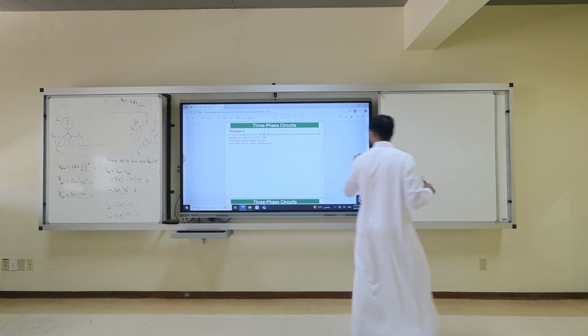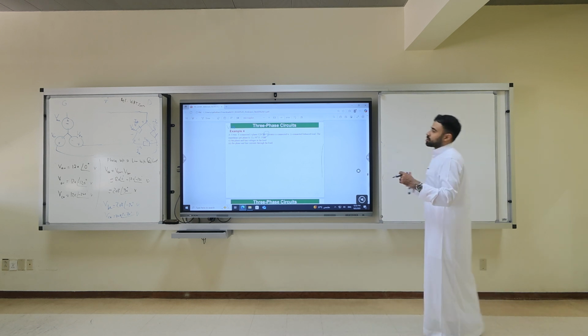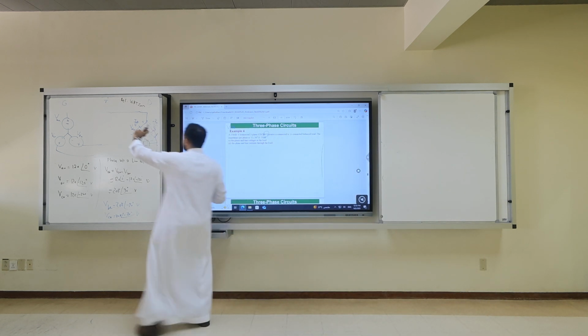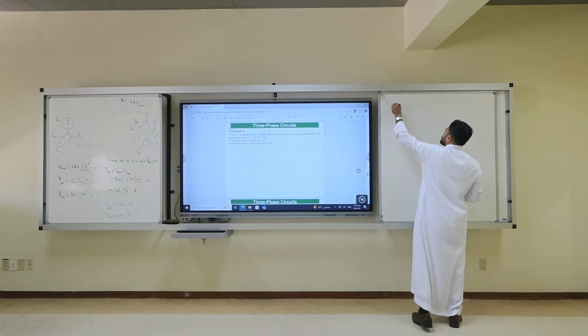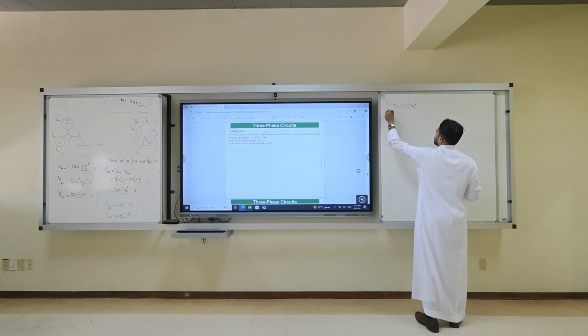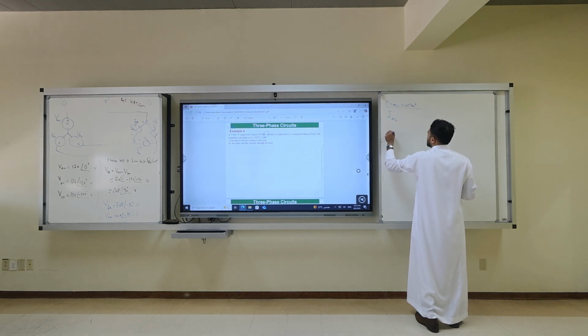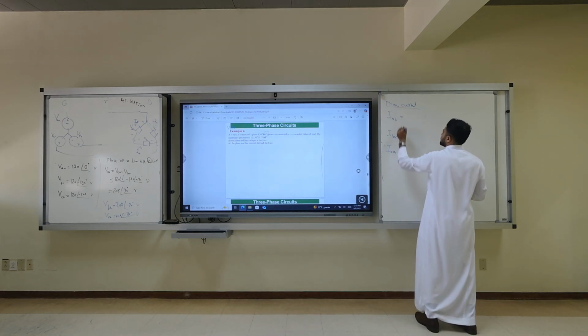The second part is to find the phase and line currents. So let's start by having the phase currents. For delta connected loads, we have to find IAB, IBC, and ICA.